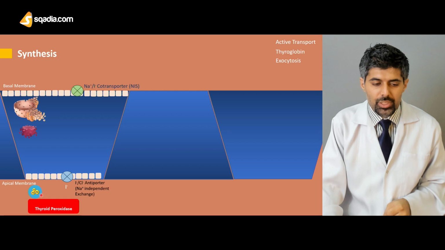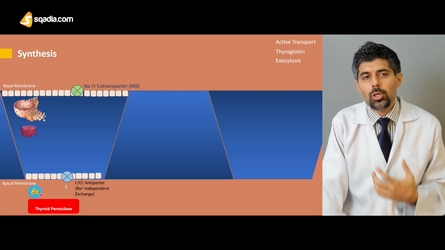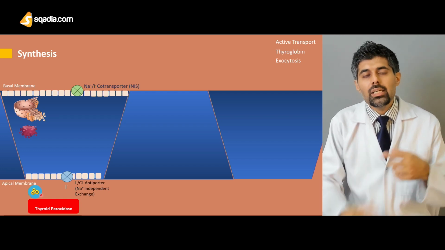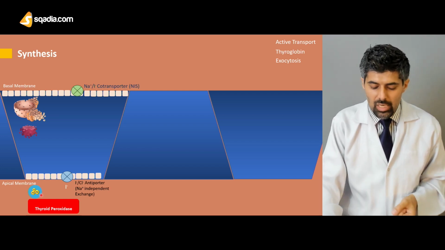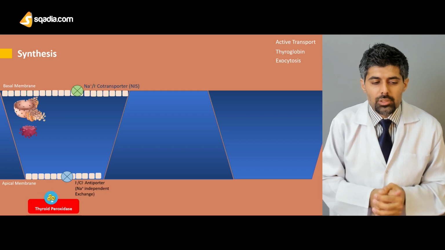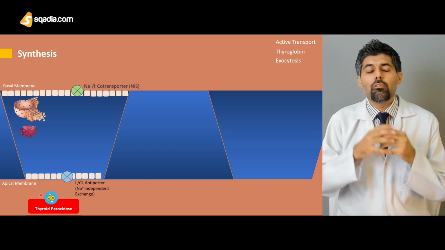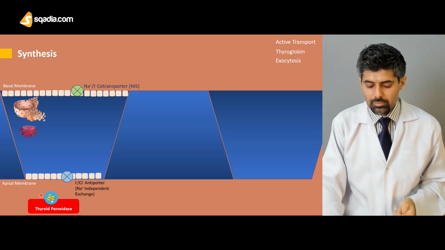So, with the help of thyroid peroxidase, the iodine starts to react with the thyroglobulin, and that reaction results in a variety of products.